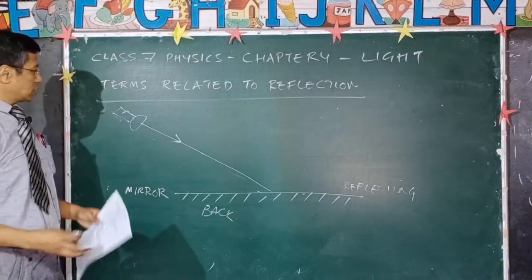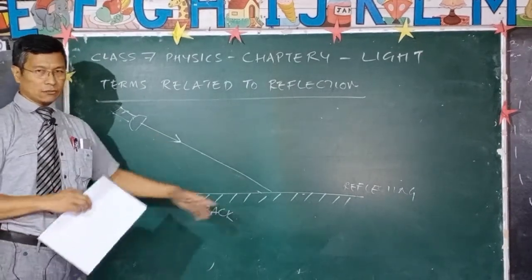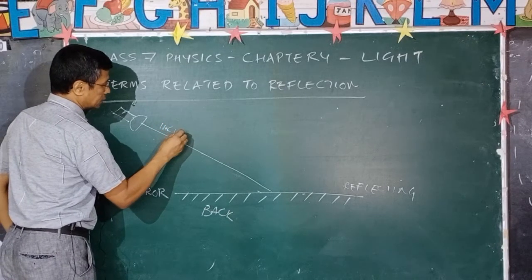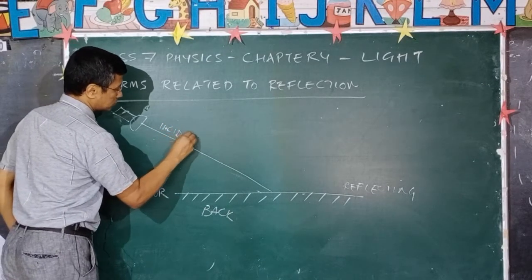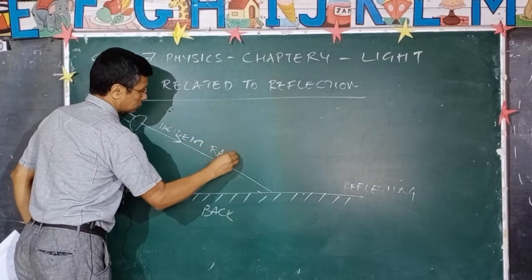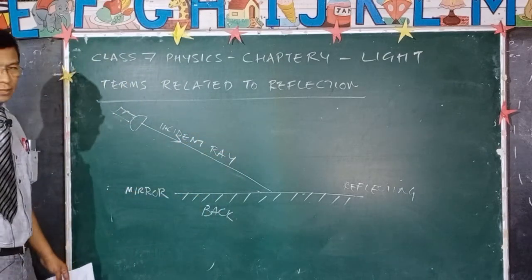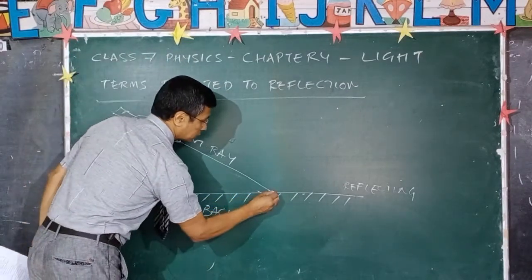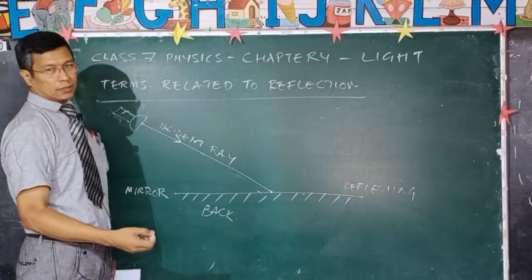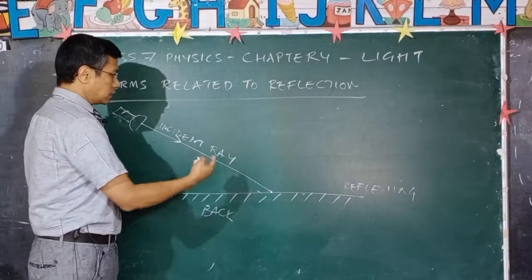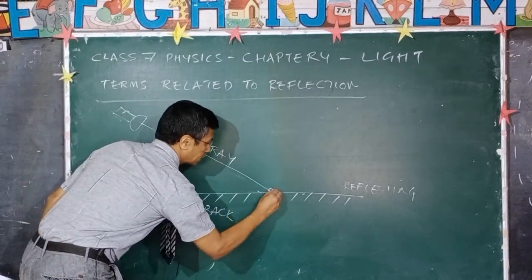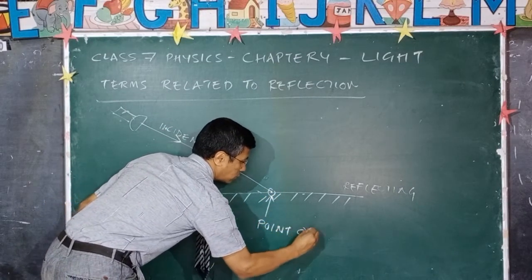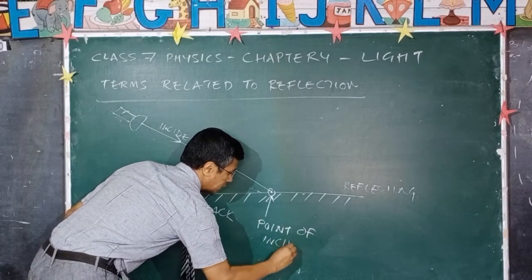This ray of light which is coming from the source and striking the reflecting surface is called the incident ray. Now, the point at which the incident ray strikes the reflecting surface is called the point of incidence.